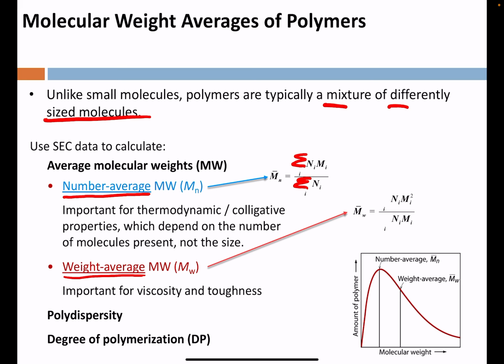This is probably the easier one to rationalize. This is, for example, the number of students in a classroom at a certain mass as the first term, plus the next number of students at the next mass times that mass, making up the numerator, all divided by the total number of students in the classroom.